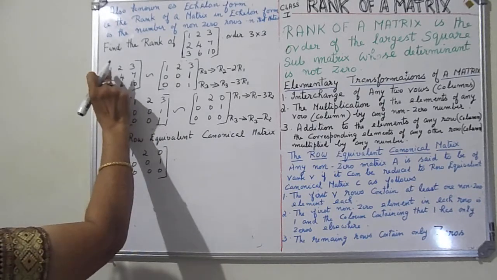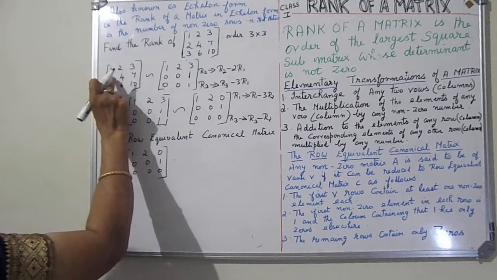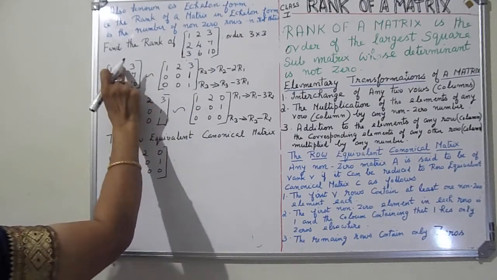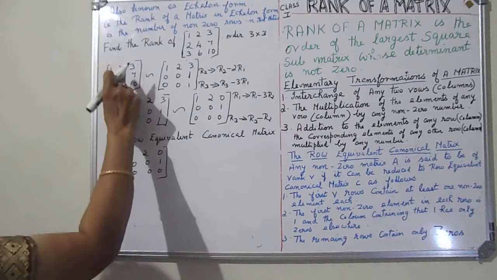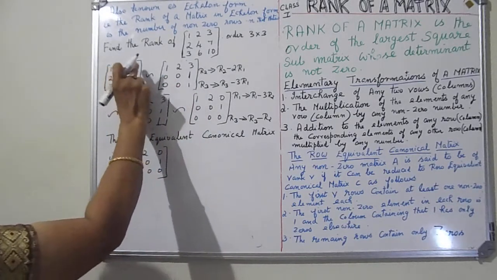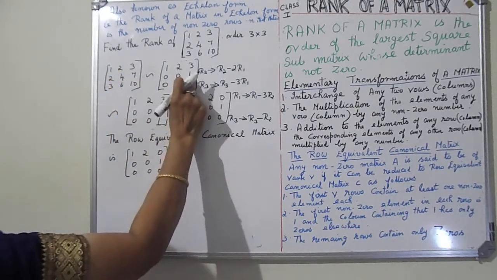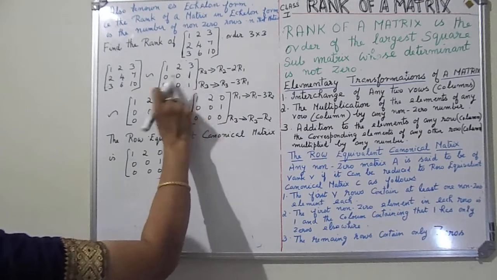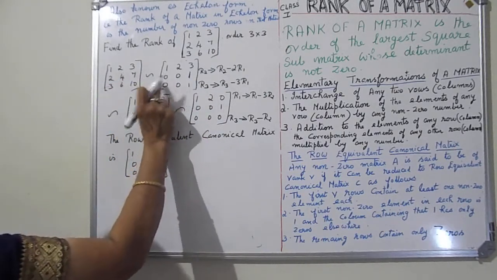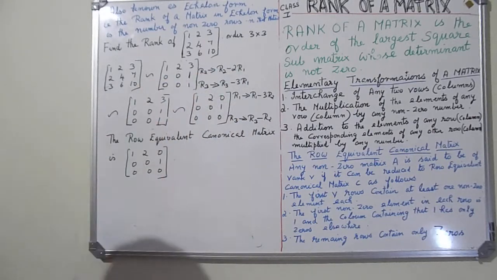What is 2R1? 2 into 1, that is 2. The first element is 2, 2 minus 2, 0. Again multiplying 2 by 2, that is 4, 4 minus 4 is 0. Then multiplying 3 by 2, that is 6, 7 minus 6, 1. From 2, 4, 7, by performing this transformation, it becomes 0, 0, 1.